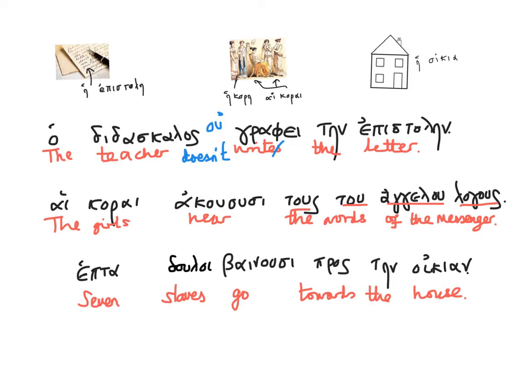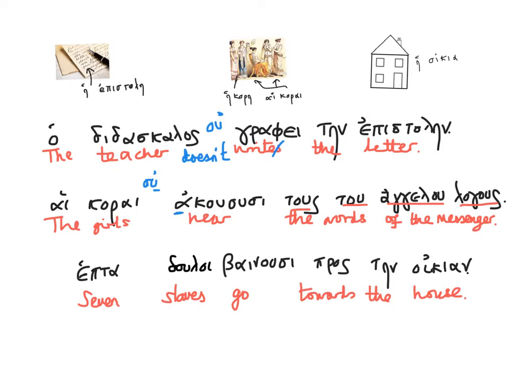Now, you'd have thought we could add ou to every sentence to make each of those negative too, but it becomes a little bit more complicated. In number 2, if I write ou here, meaning not, before the verb, then I've got a vowel at the end of ou, followed by another vowel at the beginning of akousi.